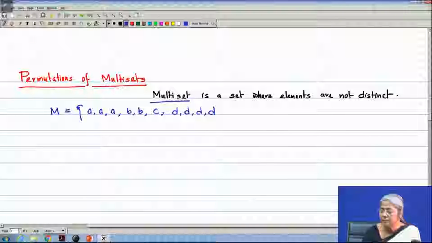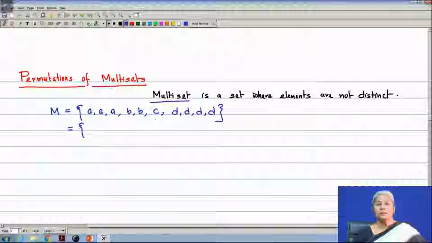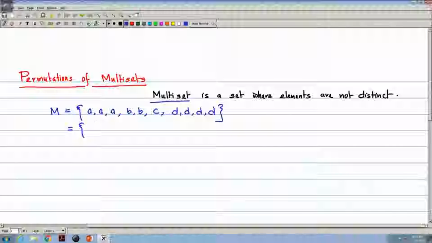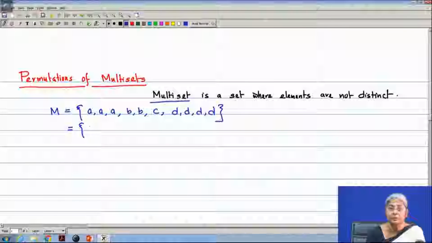So, it has 10 elements. Now, since A, B, C, D are 4 different types, but they are not distinct, I can write the same thing as A with 3 repetitions.